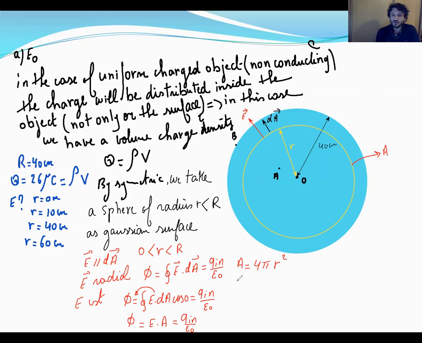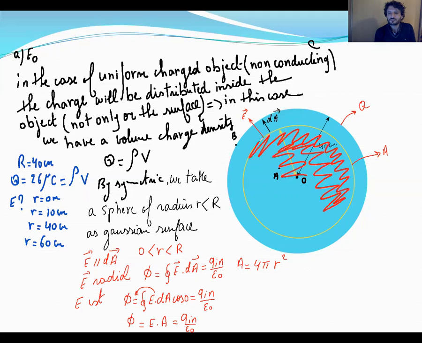Okay, and Qn, here the total Q is distributed on the total volume. So the total charge equals Q, but I need only Qn, which is located inside the Gaussian surface. In this case, only here. So here we have Qn.